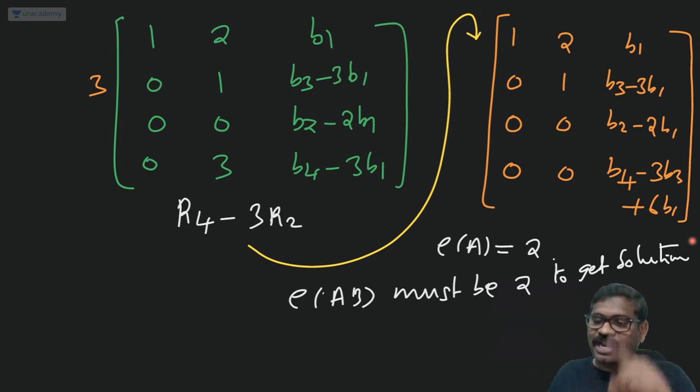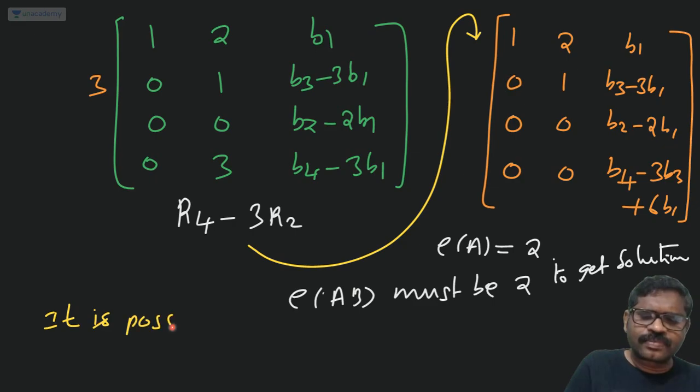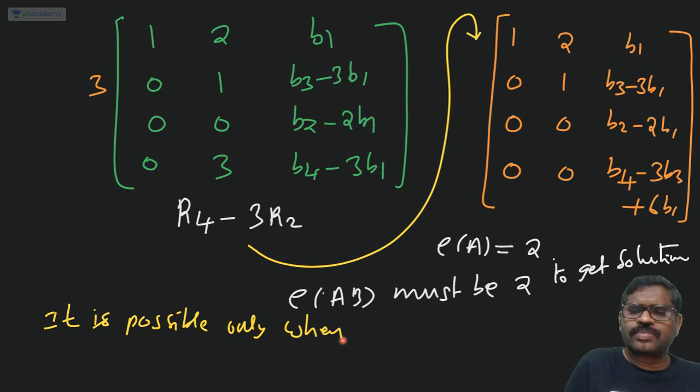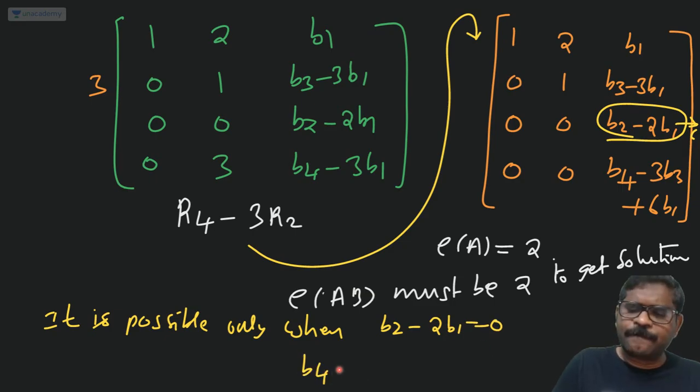It is possible only when this entry equals 0, B2 minus 2B1 must be equal to 0, and B4 minus 3B3 plus 6B1 must be equal to 0.